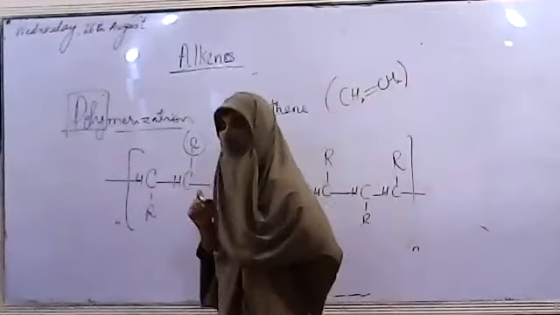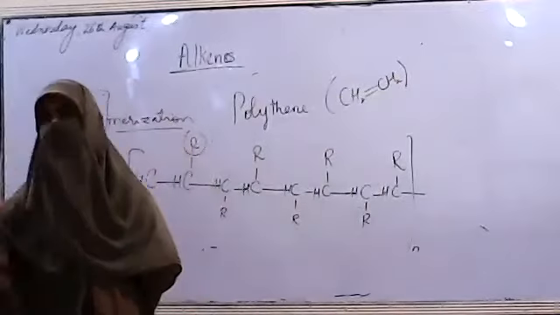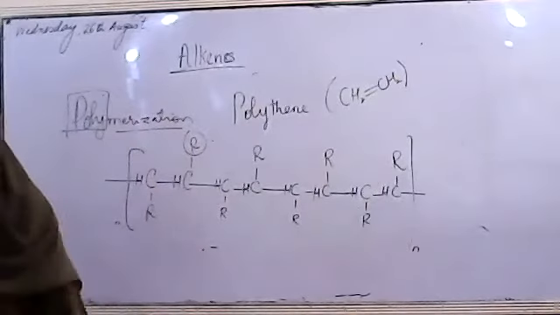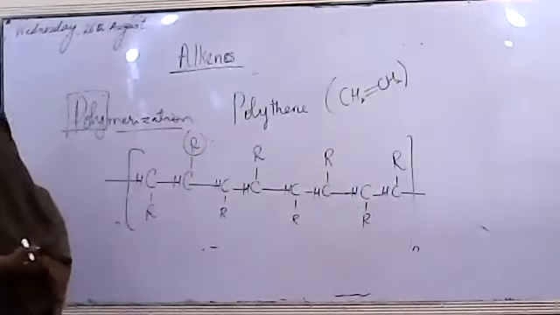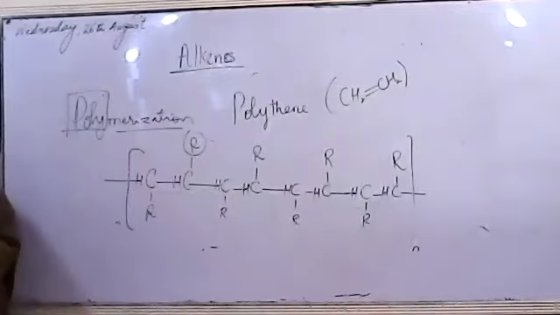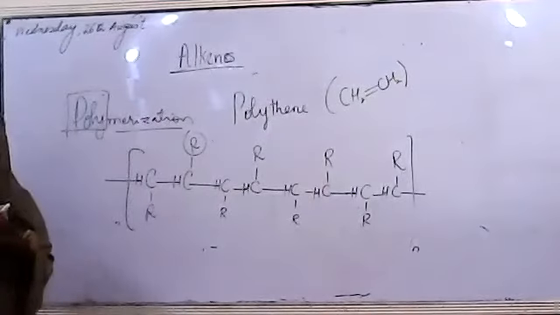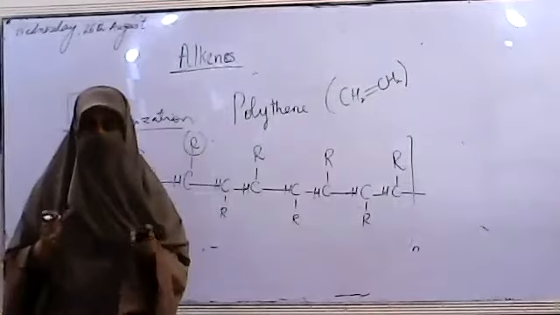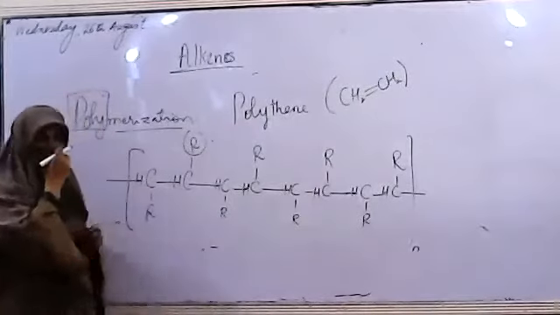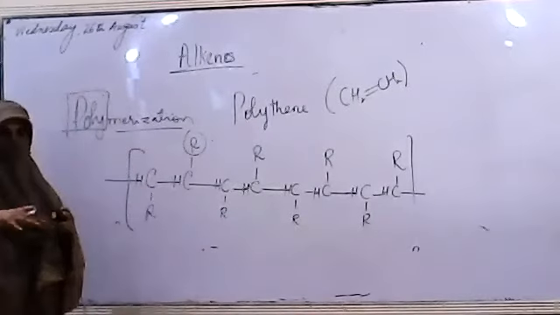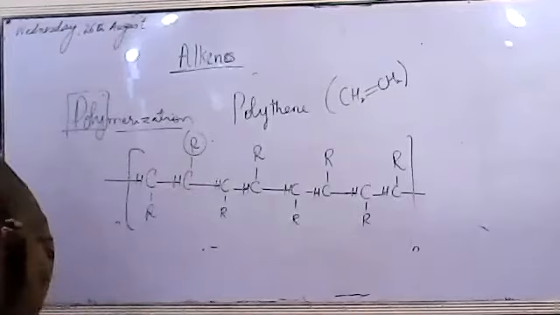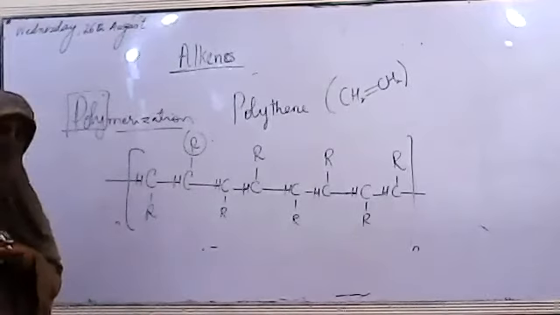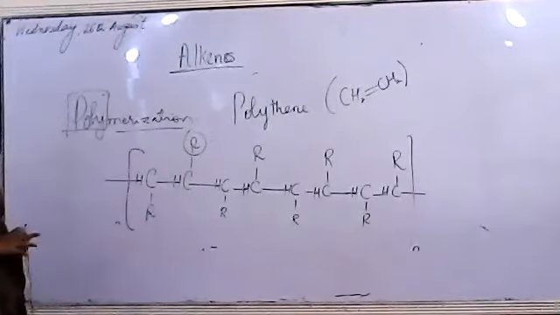Ethene. Ethene units are combined and recombined. One ethene is going to join with the second and the third and the fourth, and so they form long chains, and heavy bulky compounds are formed. In the case of polythene, we have so many examples, like the shopper bags we use, the plastics we use. All those are examples of polythene.